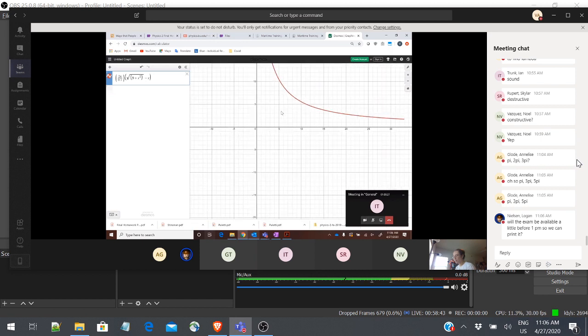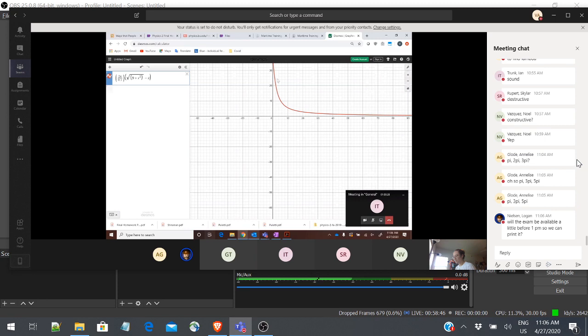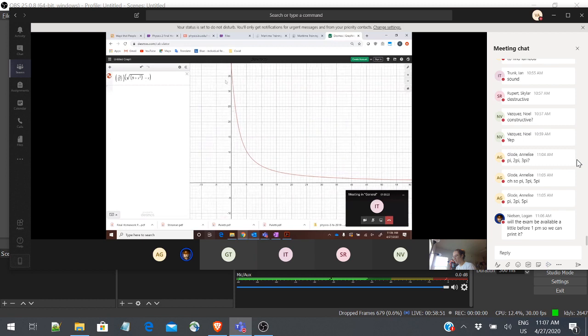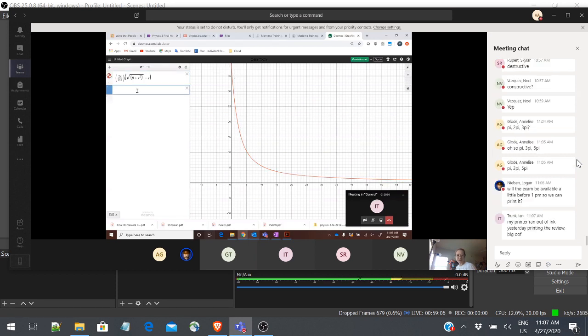Note that it goes up. All right. So we want every value where delta phi is equal to pi, when it's equal to 3 pi, and when it's equal to 5 pi.